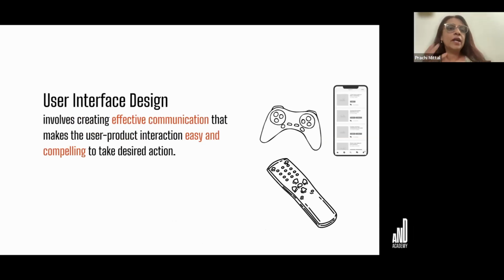So right now, you and I are interacting through our laptop screens and through the interface of Zoom. Because you're sitting on one end and I'm sitting on another end. And so many of us are sitting on different ends. Some are visible, some are only visible in the chat or the attendee list, right? So this is the interface. Now, that's not about how beautiful it looks, but about effective communication.